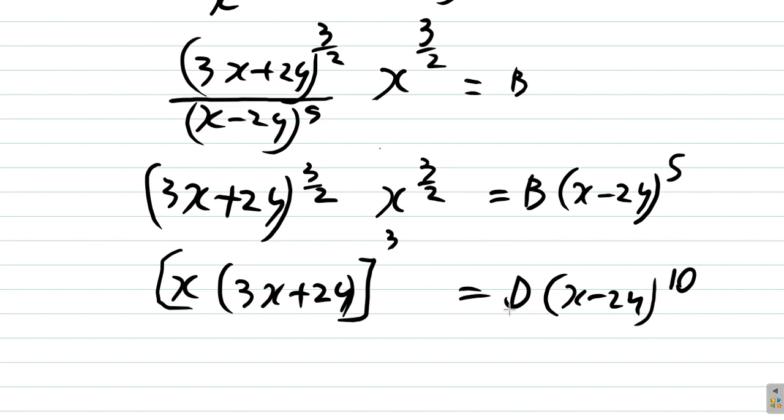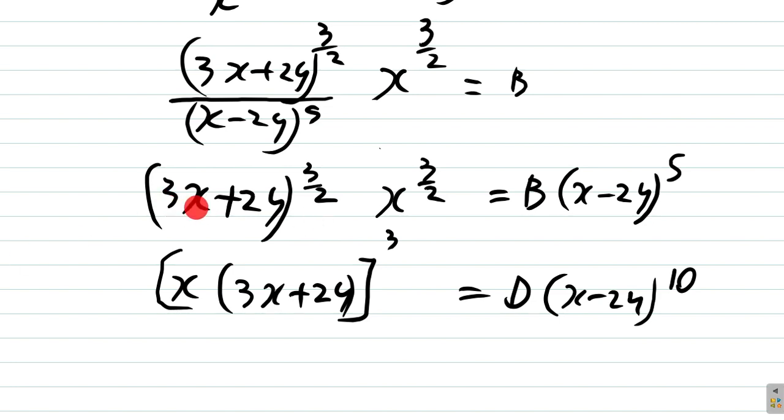So what we'd have is x cubed, 3x plus 2y to the 3, right? And we have, well, x minus 2y to the power of 10, right?